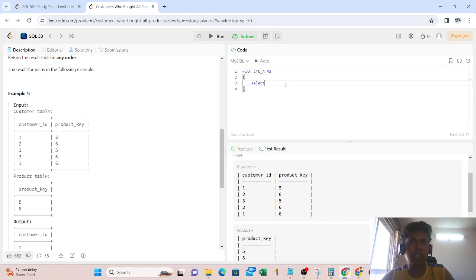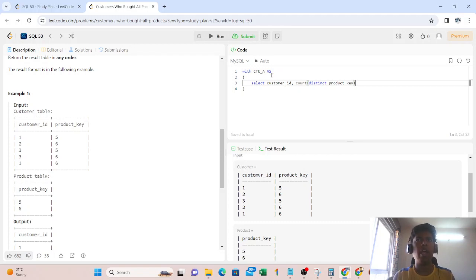So what I said is select customer ID as the first column, and the next column is count of distinct product key.